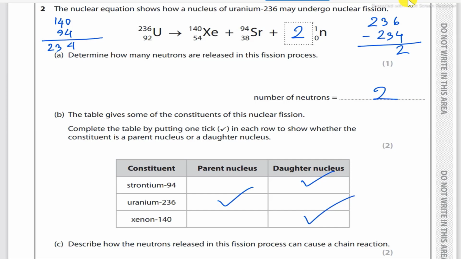Because in a nuclear reaction, the left side is the parent nucleus, and the right side, that means the products, are known as daughter nuclei. So xenon and strontium are daughter nuclei and uranium is the parent nucleus here.